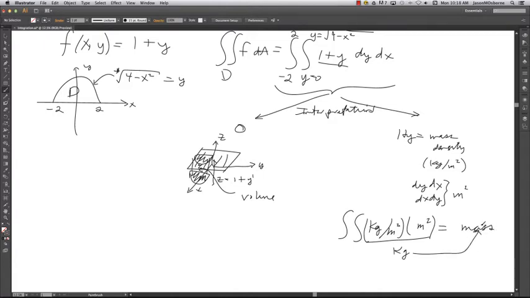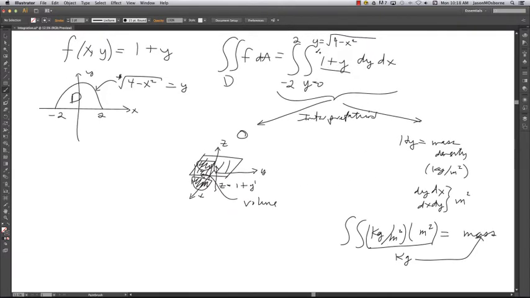Okay, so what I want to show you in Mathematica now is how to use Mathematica to visualize these two different interpretations. One, how to visualize the 3D region. That will be important for this interpretation and viewing the double integral as a volume.